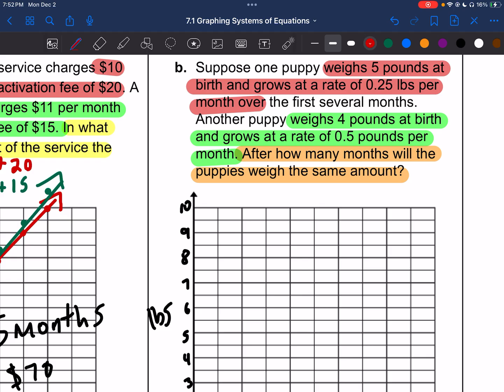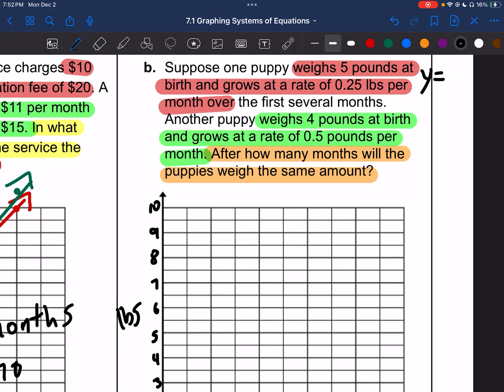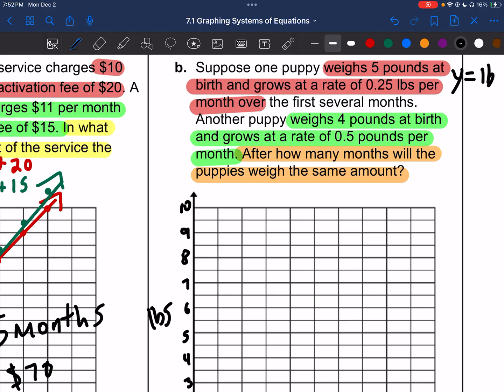So our first line, our first equation, are y. So let's define our variables. y equals pounds and x equals months. So y is equal to our rate 0.25 times the number of months plus the 5 starting pounds.